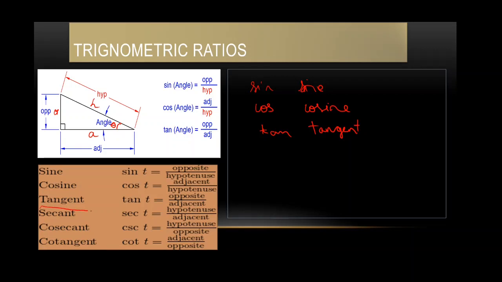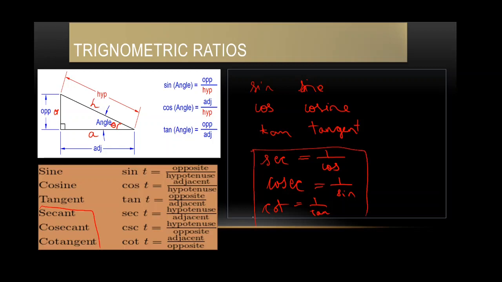Secant is equal to 1 by cos, cosecant is equal to 1 by sine, and cotangent is equal to 1 by tan. These three are called the reciprocal trigonometric ratios because each of them is the reciprocal of another ratio. Secant is hypotenuse by adjacent, cosecant is hypotenuse by opposite, and cotangent is adjacent by opposite. These are always fixed for a certain angle.